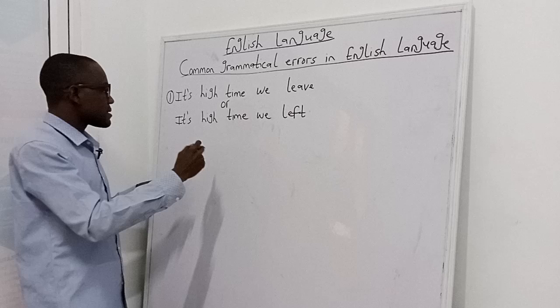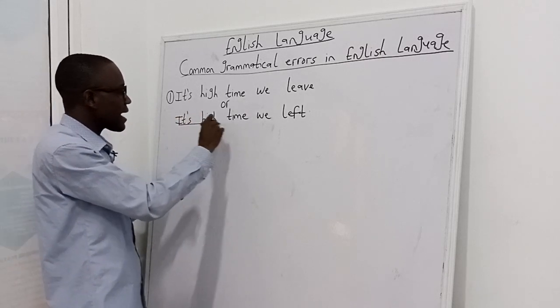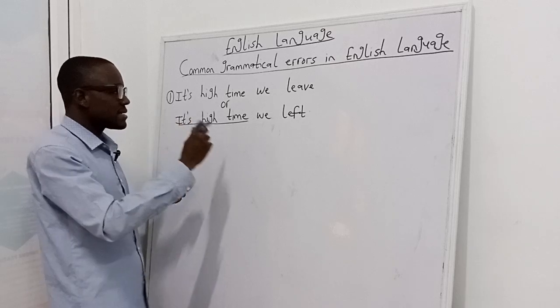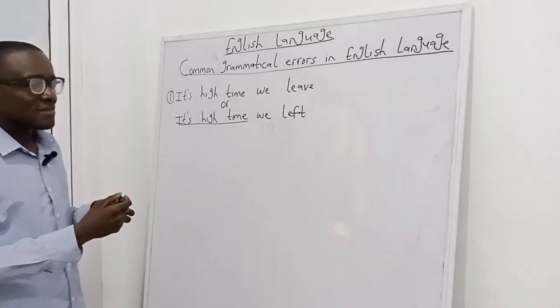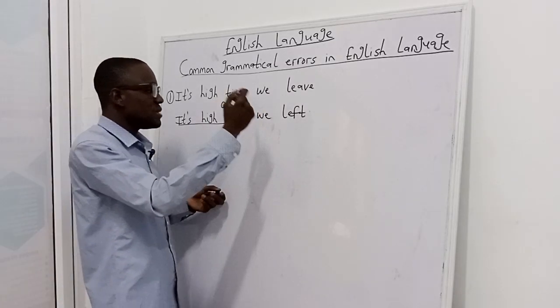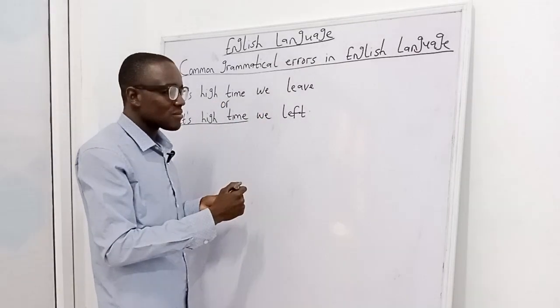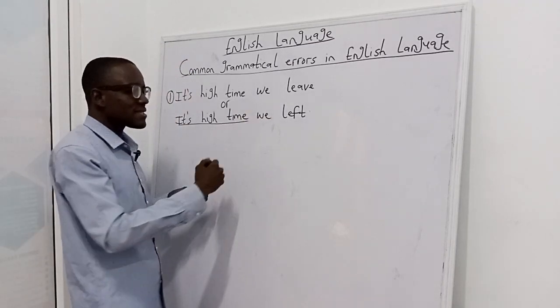Now, the rule says that once a sentence begins with "it's high time," "it's time," or "it's about time," the main verb that follows it should be in the past form. "It's high time we left."